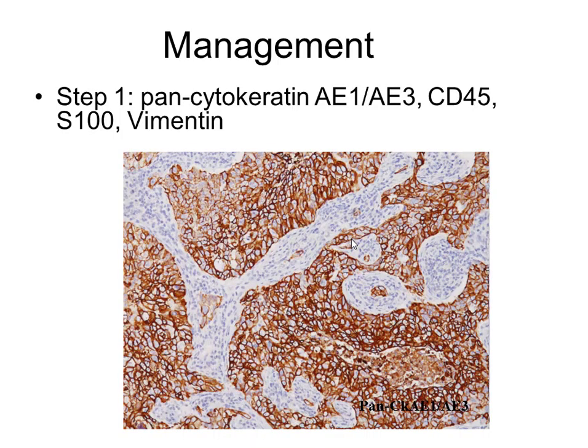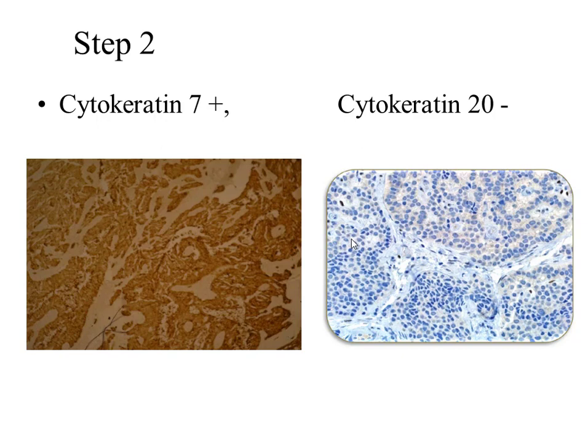We start with the first step: differentiate, is it carcinoma or maybe not. We have pancytokeratin, CD45, S100 and vimentin. In our case, only pancytokeratin gives a positive reaction. All other markers in the tumor mass were negative. So that is a metastasis of adenocarcinoma, carcinoma generally.